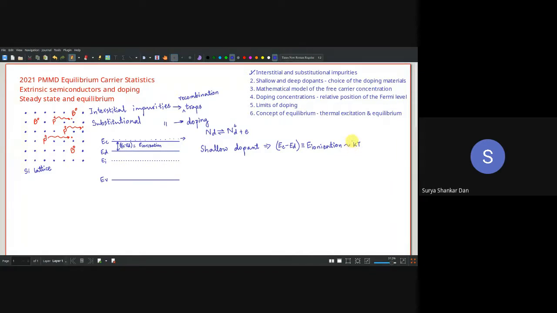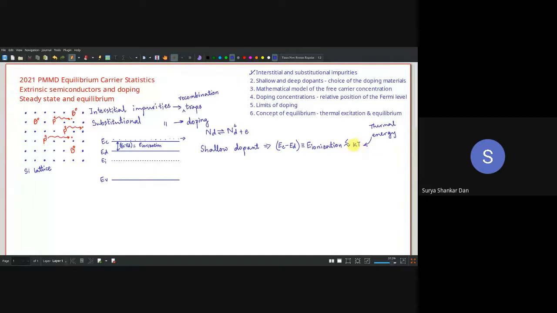Why? What is the meaning of that? Remember, kT is the thermal energy, the energy possessed by the lattice thanks to the ambient thermal energy. So what does it imply? I am not putting kT by Q here, because kT by Q is in units of volts; we are referring to energy.